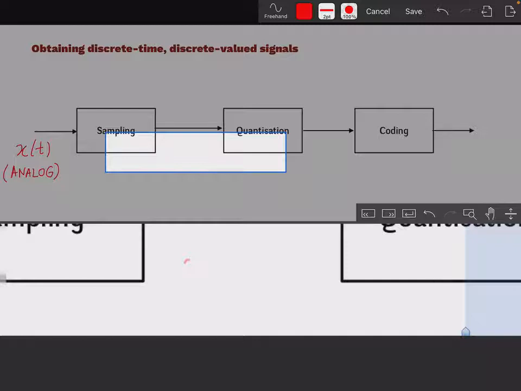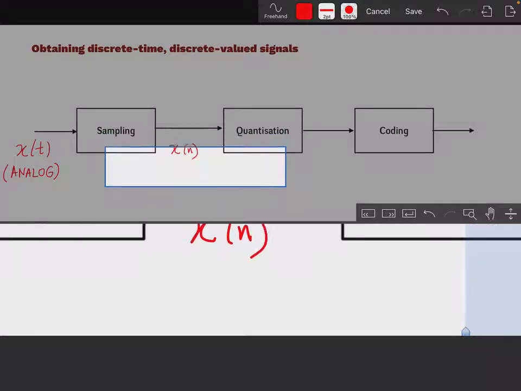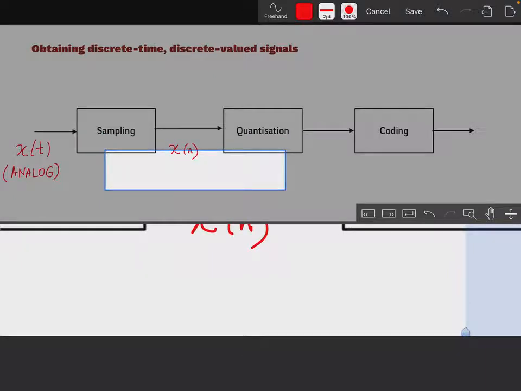We're going to talk about it in detail, so let's keep it as such. And after sampling, we have x of n, that is a series of numbers which represent our signal in discrete time. So let me just write the property of that signal. It's a discrete time signal.